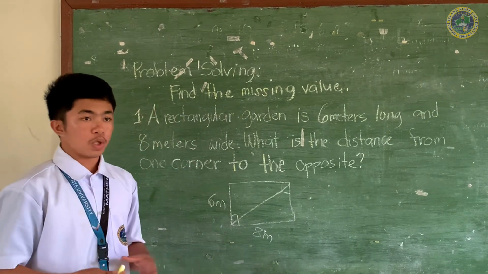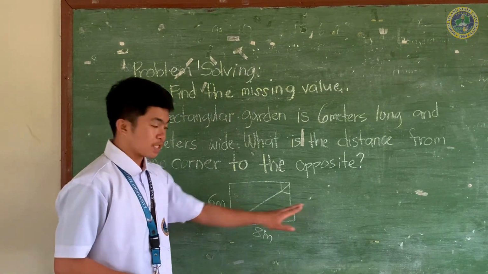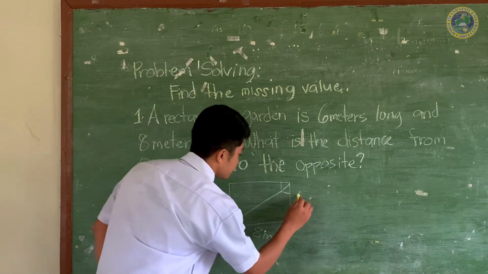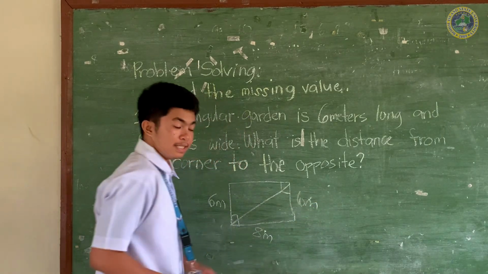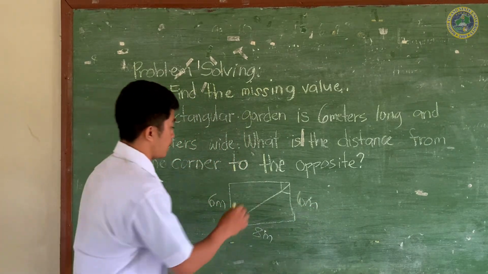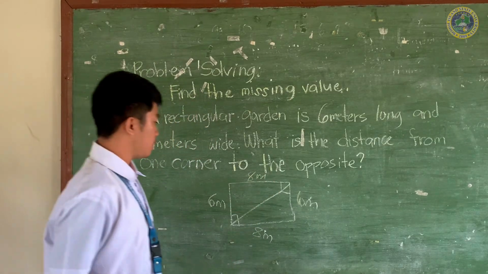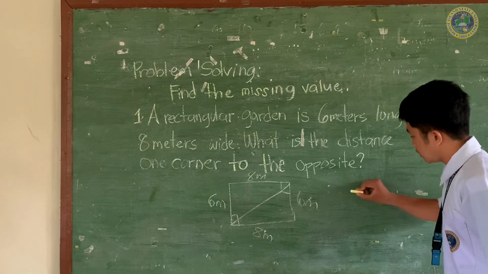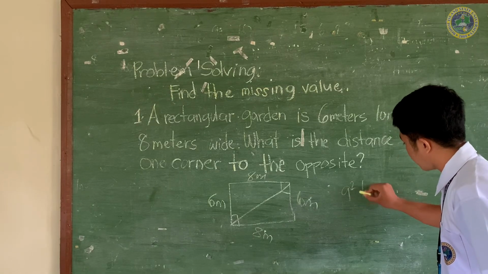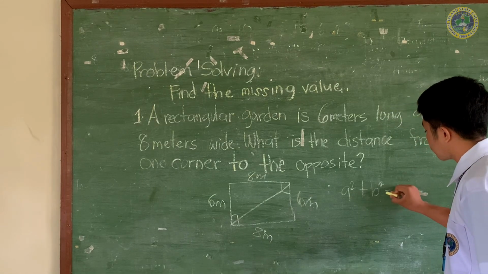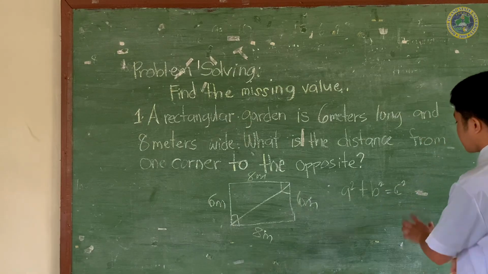So we already know that this side is also 6 meters. And this upper part is 8 meters. So the formula we use is a squared plus b squared is equal to c squared. So let's substitute.